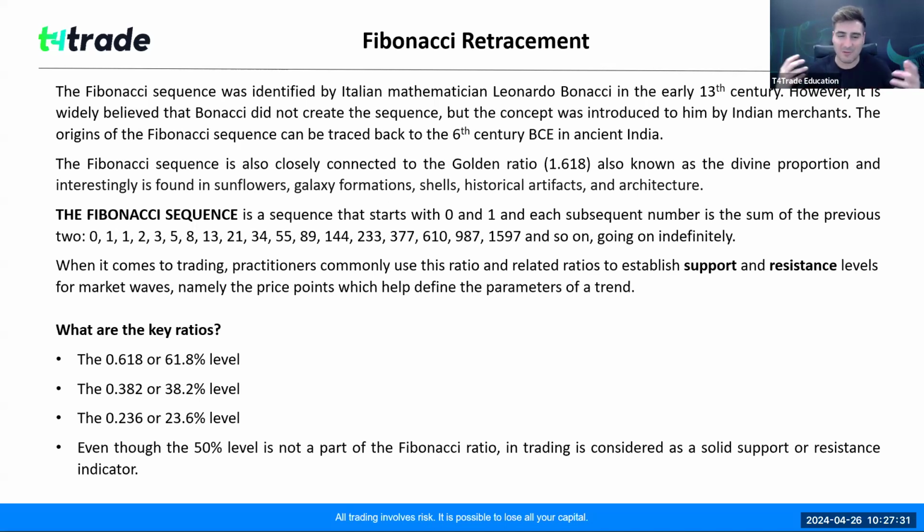So that kind of makes sense, even though the 50% level, or 0.5, is not an actual Fibonacci number. It's an additional level that traders most of the time use when they're trying to assess how far a pullback may go.